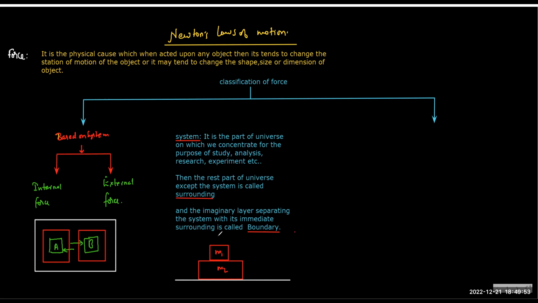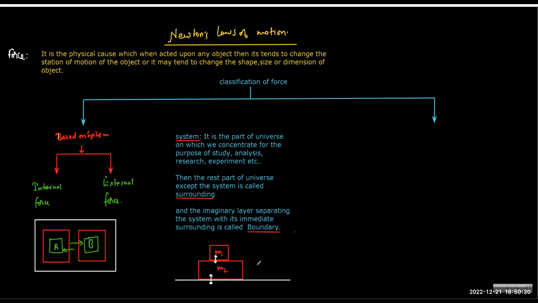Each block applies force on the other. Gravity is pulling M1 downward, but M2 is stopping it, so there is a force of interaction acting here. Gravity is also pulling M2, but M2 cannot go downward because the earth is stopping it. So again, there is a force of interaction here.